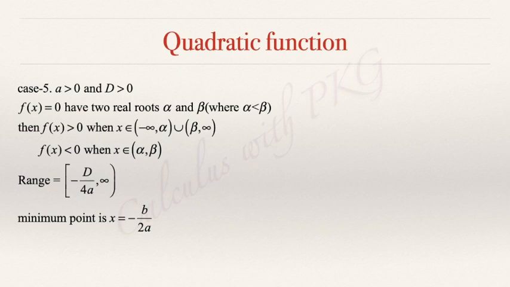Now consider again case 5. Here a is greater than 0 and d is greater than 0. Now let us look at the graph of the function f of x in this case.